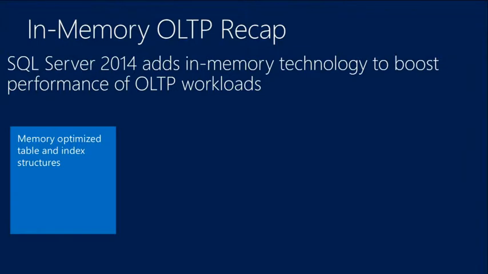So the first pillar is that we have memory-optimized data and index structures. So we get rid of the concept of pages. We don't have B-trees. Instead, our atomic storage unit is a single row, and you can navigate to rows through memory pointers. By getting rid of pages, we also get rid of page latching, for example.